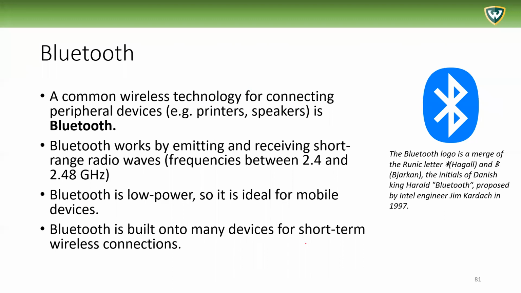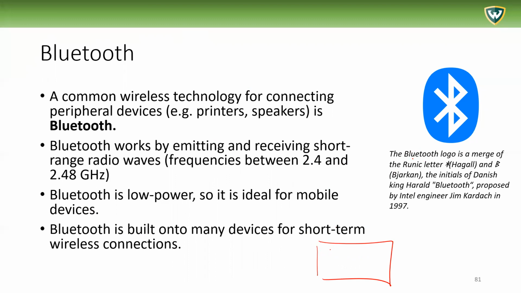Bluetooth is built onto many devices for short-term wireless connection. I was trying to get an image of what a Bluetooth device looks like, but it's kind of microscopic. It's just a little antenna, a little piece on the circuit board you can barely see. But that itself is enough to send the radio waves.